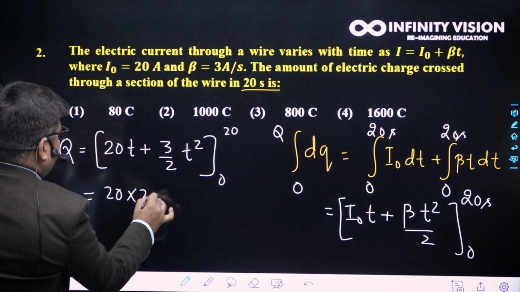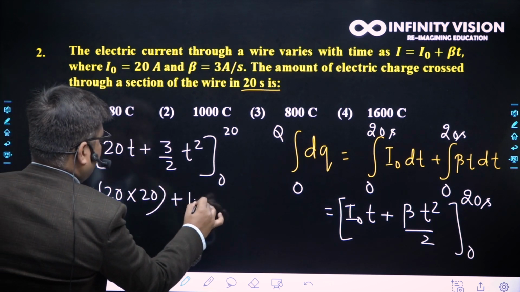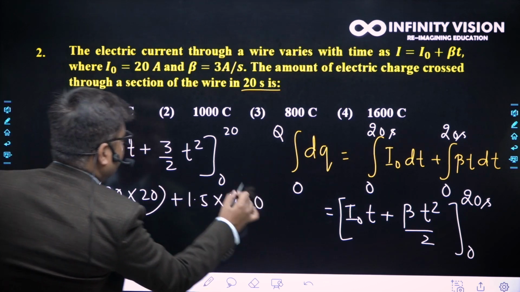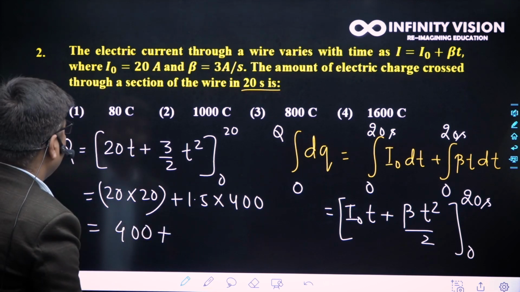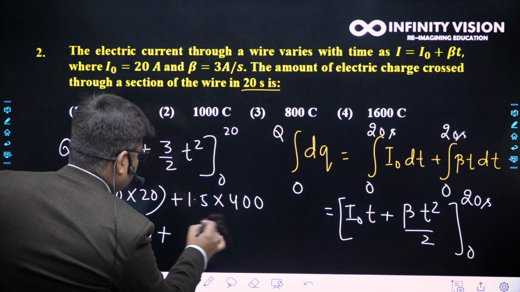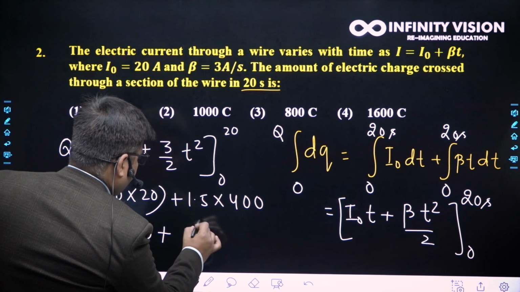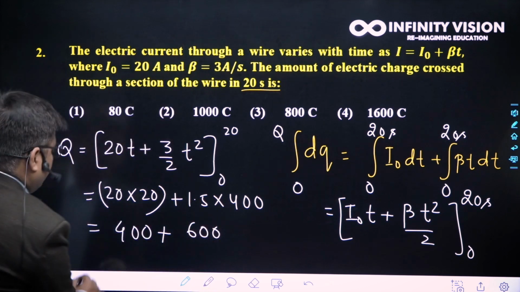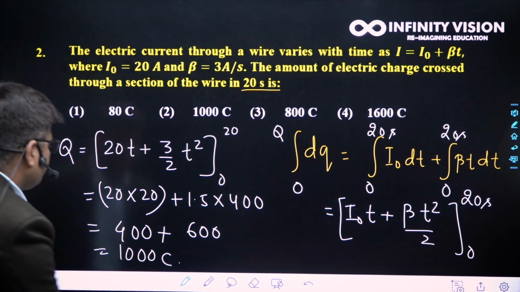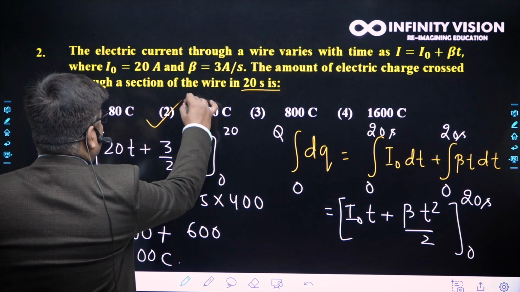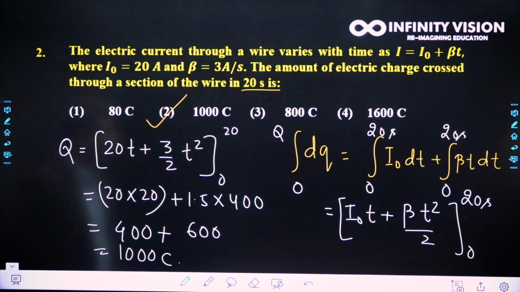That is 20 into 20 plus 1.5 into 400. So this will be 400, and this will be 600, and it will be 1000 coulomb. So the charge passed will be 1000 coulomb. So the correct option for this question is 1000 coulomb.